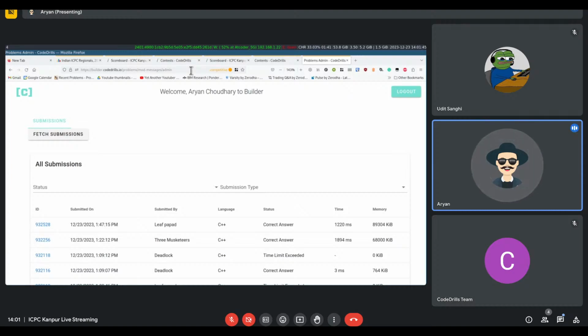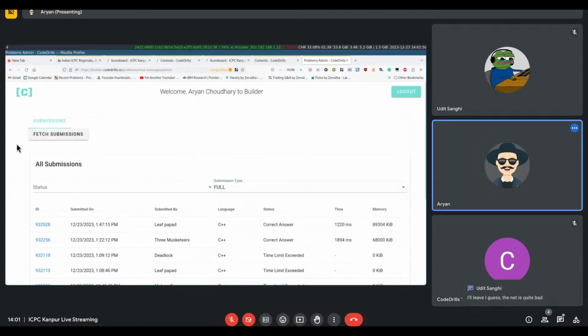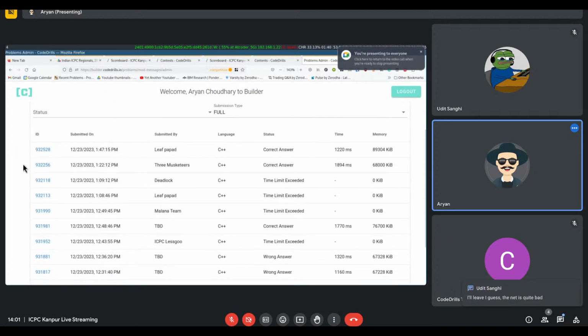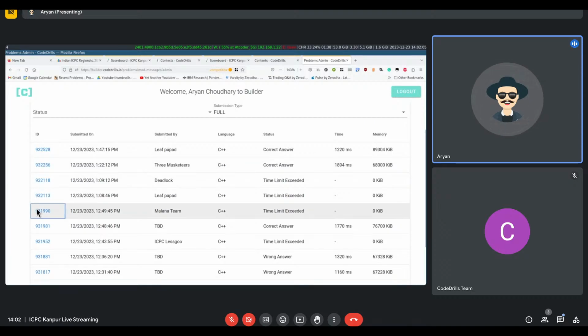I believe the scoreboard has already frozen. Okay, Udit will leave us as well. The Malana team got a TLE on mod multiplication.